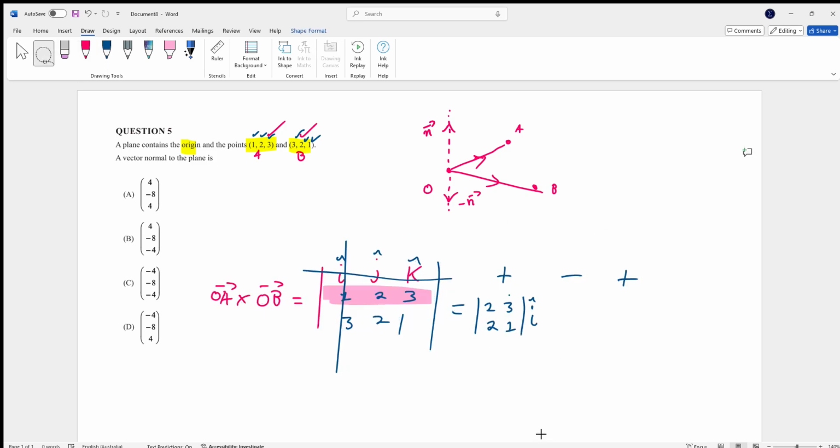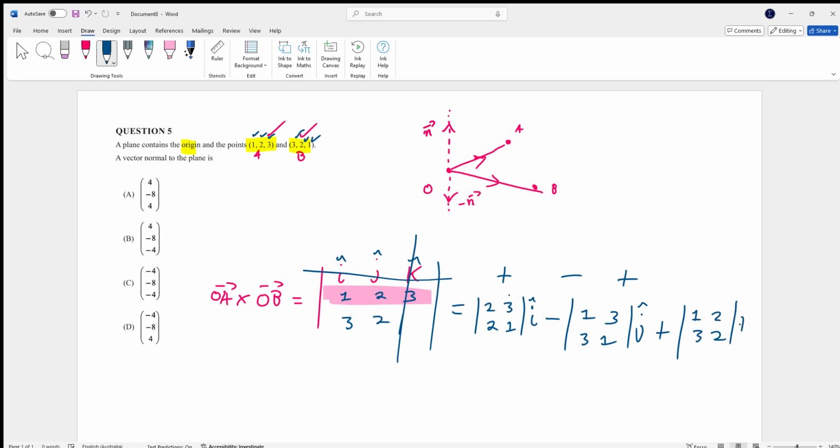The next matrix is found by moving across, crossing out this column, and it goes minus, because it goes plus, minus, plus. It'll be 1, 3, 3, 1, times j hat. The final matrix is plus 1, 2, 3, 2, times k hat.